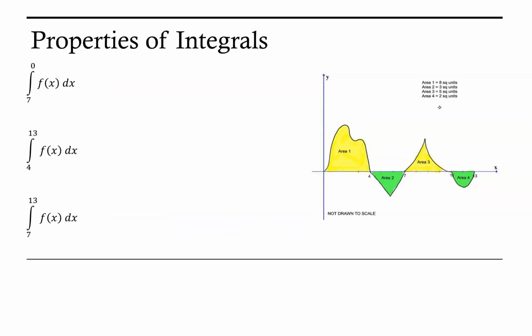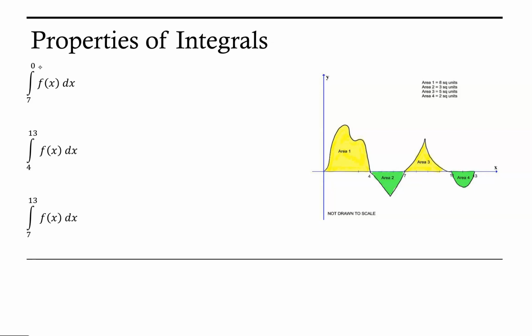Looking at our next example, we have the integral from 7 to 0 of f of x dx. Notice that the order of integration is reversed. In other words, we're starting at 7 and integrating towards 0.